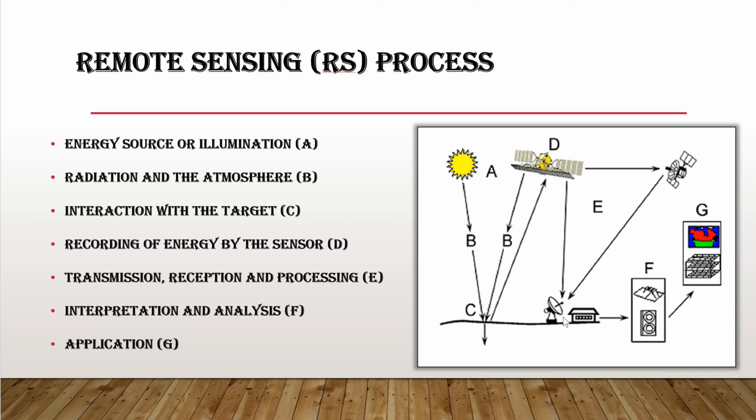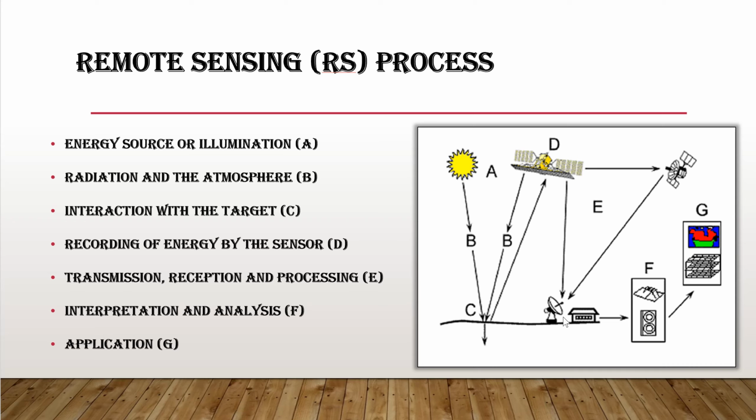And the next is interpretation and analysis, that is F. This processed image is interpreted visually or digitally or electronically to extract information about the target which was illuminated.